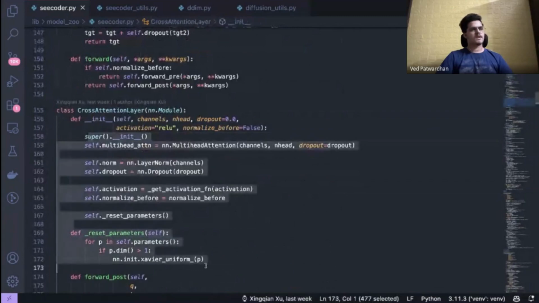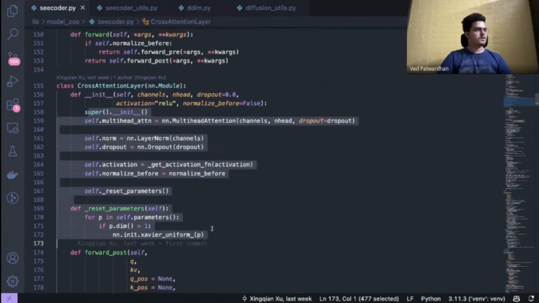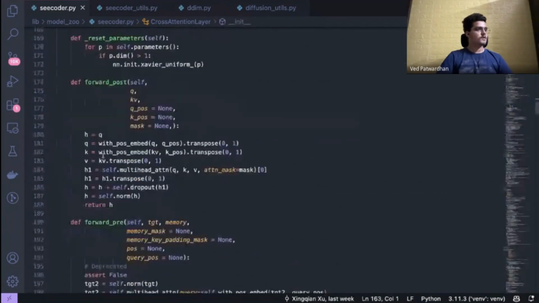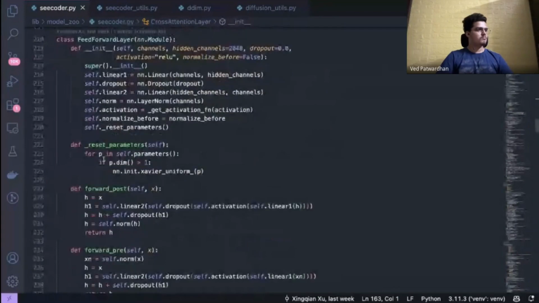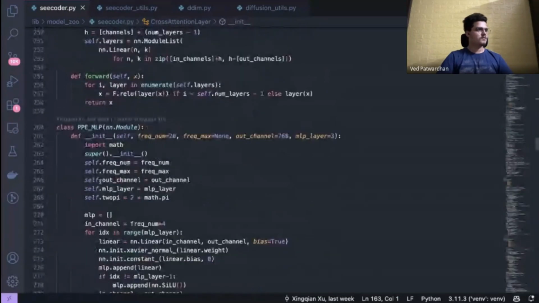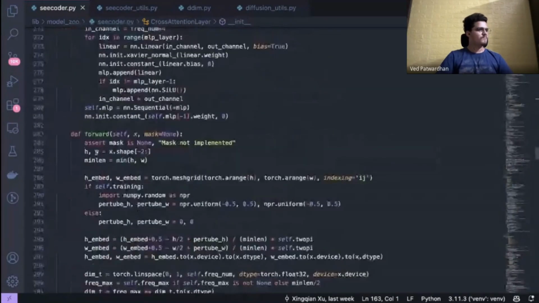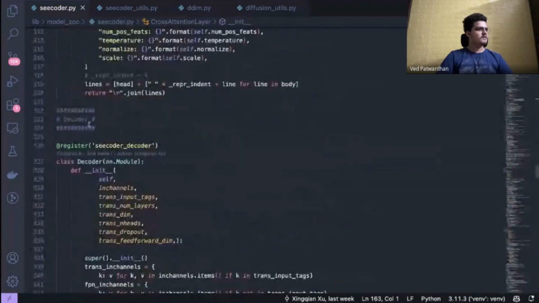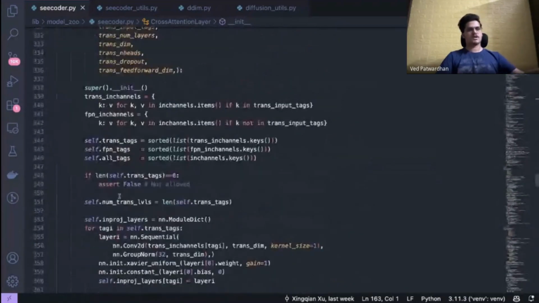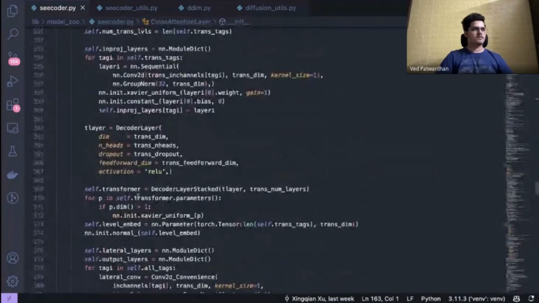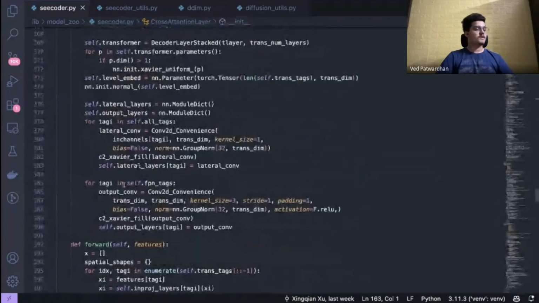Then cross attention is applied for when you have multi-level visual representations. You're applying cross attention across them in the query transformer, and that's why they've implemented that too. Then just the feed forward layer. And then you have the decoder, which just combines all of these layers which were provided.